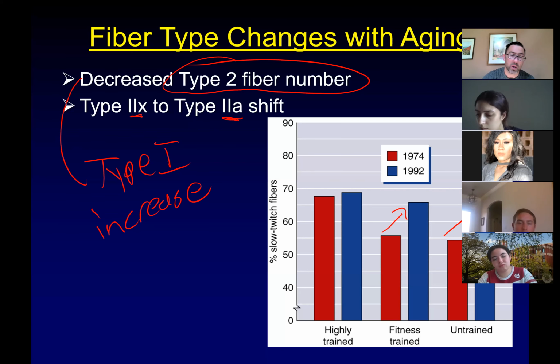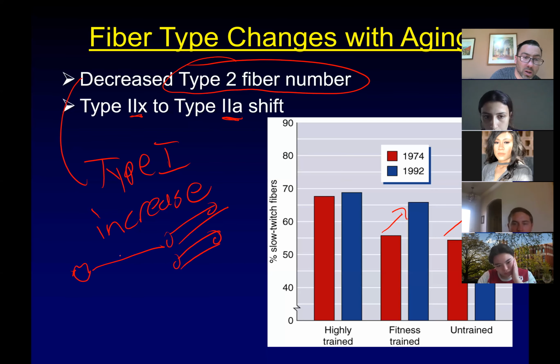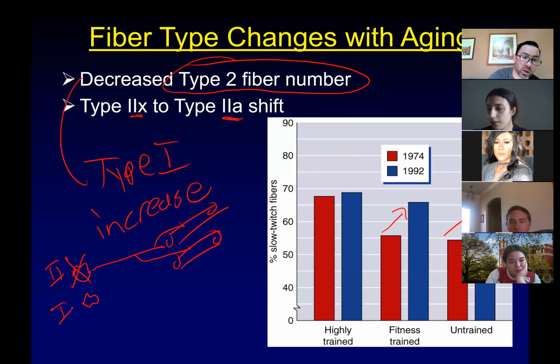So I'm trying to draw this here, but I've got a motor neuron. It's going to send its axon out and connect to a couple of these muscle fibers. If this one dies, and this is a type 2, I have an adjacent motor neuron that's type 1, and it was going off out here to some different muscle fibers.